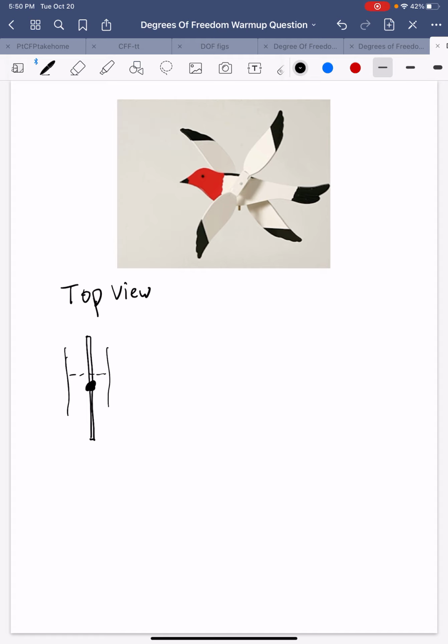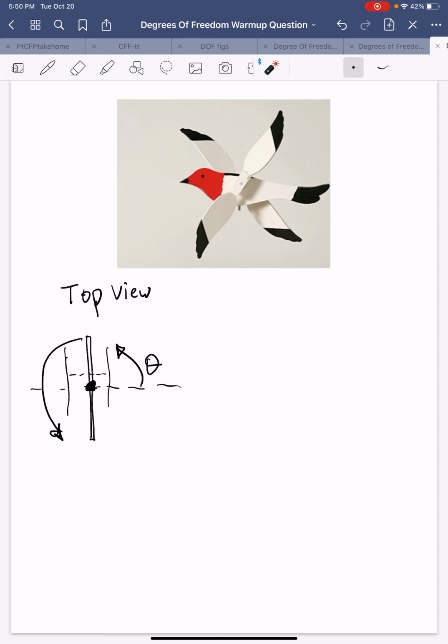But the whole body of the bird is allowed to rotate around this axis, so it can rotate like this. And we might specify the position of the body of the bird as some sort of angle, right, like this, from some axis direction called the x-axis. And basically what this angle is telling you is which direction is the weather vane pointing, north, south, east, southwest, and so forth.